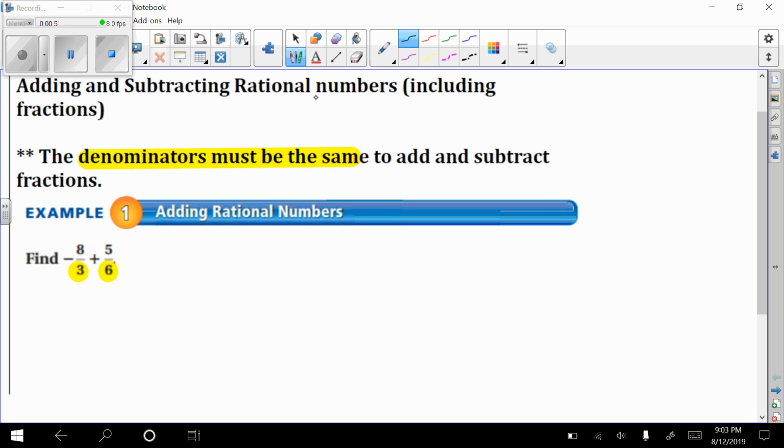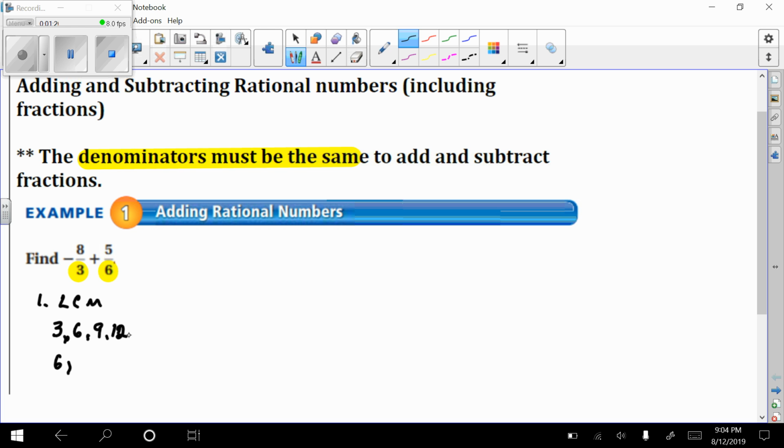Your first step is to find the least common multiple. LCM stands for least common multiple. When you do that, you take the denominators and you list multiples. So 3 times 1 is 3, 3 times 2 is 6, 3 times 3 is 9, 3 times 4 is 12, and so on.